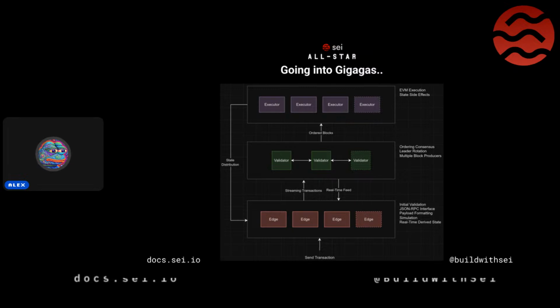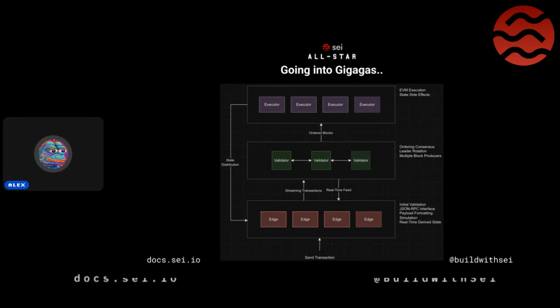Then we have validators who take care of ordering, consensus, and making sure that they produce the blocks. And then we have the edge nodes, which only take care of everything coming in from outside, which is your initial validation of transactions that come in, your RPC interfaces, your payload simulations, or whatever you need to do when interacting from outside with the whole chain. This is what edge nodes are mainly doing.